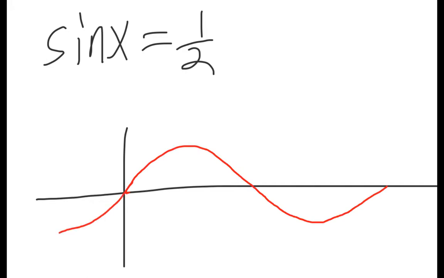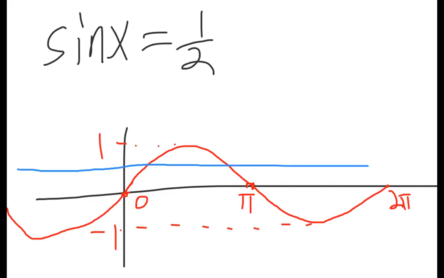So remember the graph for sine x, it looks something like this, right? It has the maximum at 1, minimum at -1, 0 at 0, pi, and 2 pi. So when sine x equals 1/2, you just look at the intersection with y equals 1/2, right?